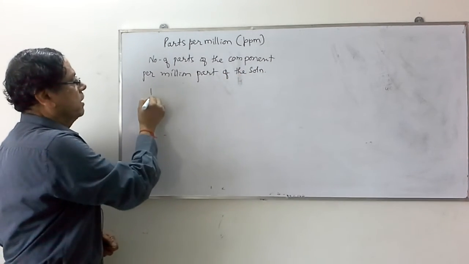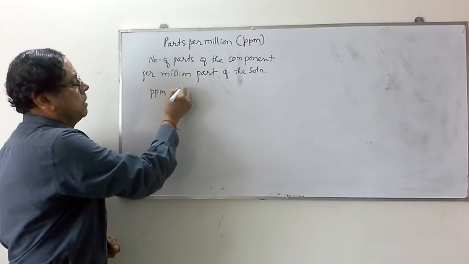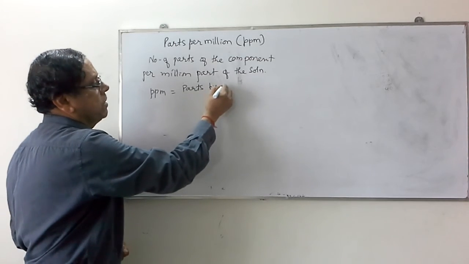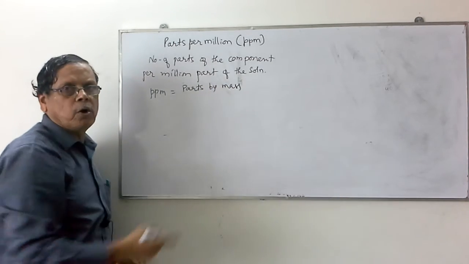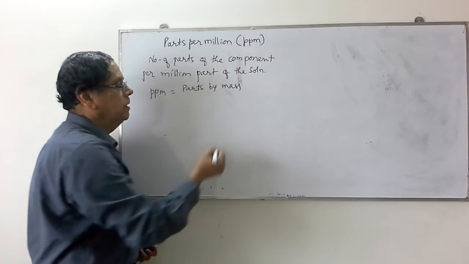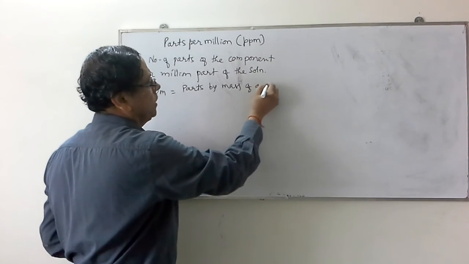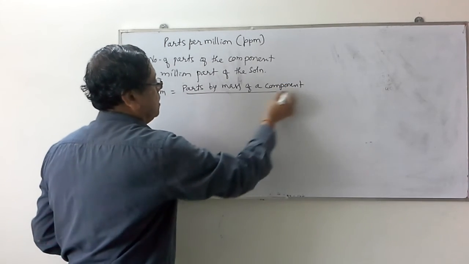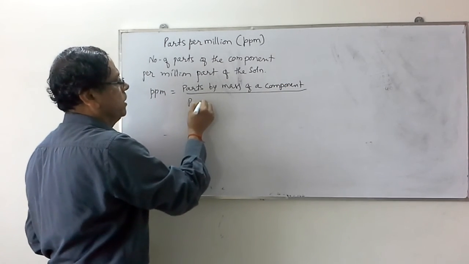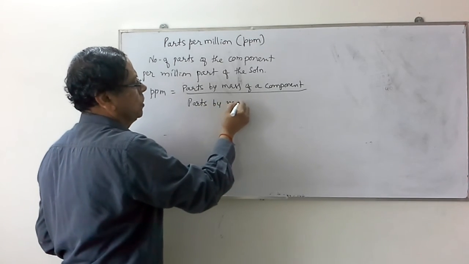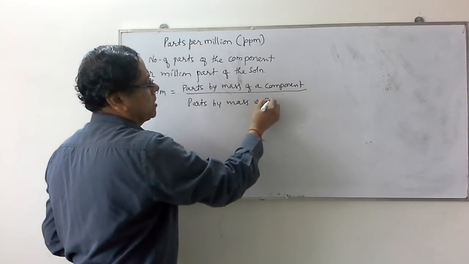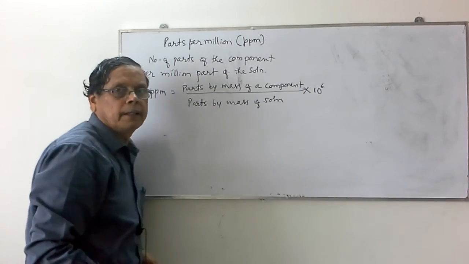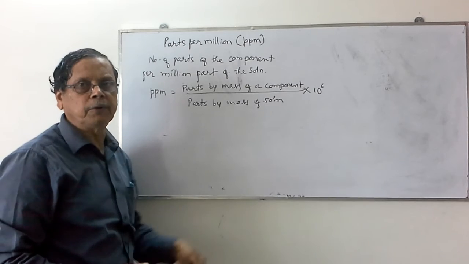To calculate ppm, take parts by mass of the component. You can also take volume in the case of a gas or a liquid. Parts by mass of a component divided by parts by mass of the solution, multiplied by 10 to the power 6, because 1 million stands for 10 to the power 6.